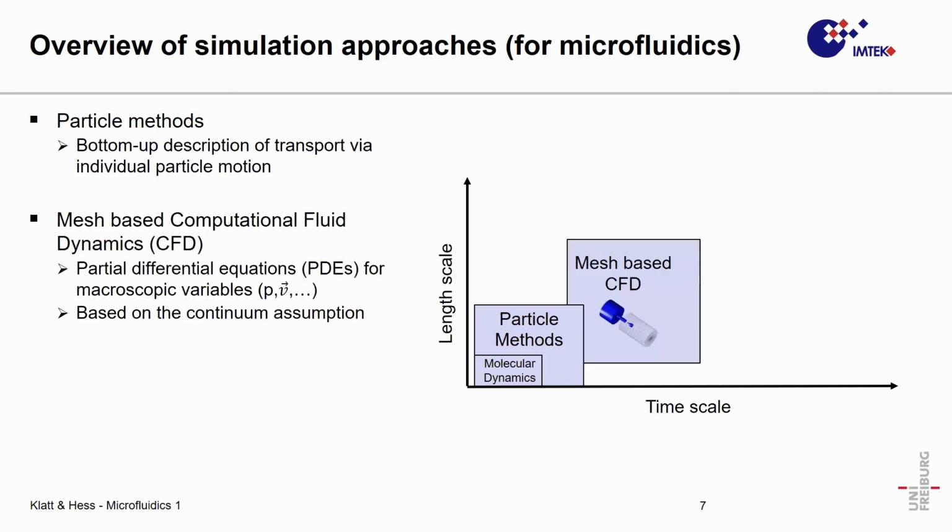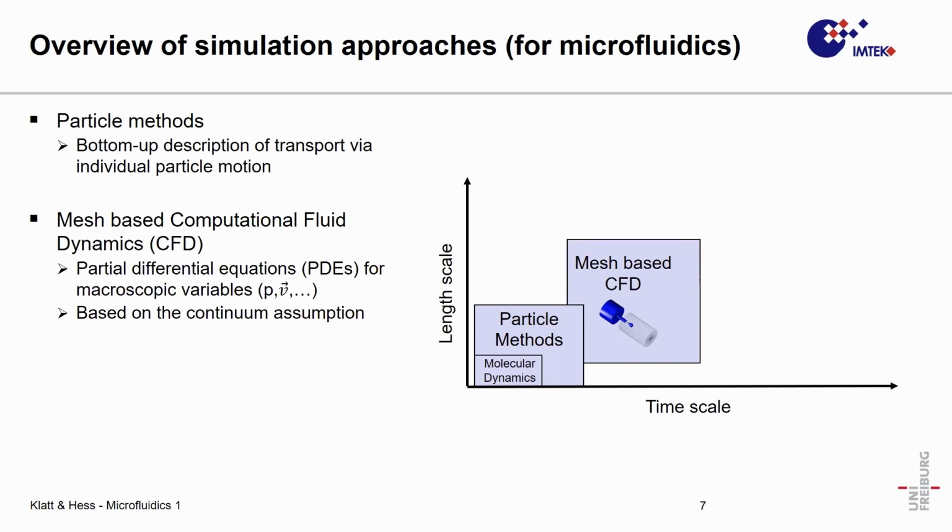The next group of methods are the mesh-based computational fluid dynamic methods. In those methods, partial differential equations for the macroscopic variables, for example, pressure or velocity, are solved on a grid, usually on a mesh. So all those methods are based on the continuum assumption.